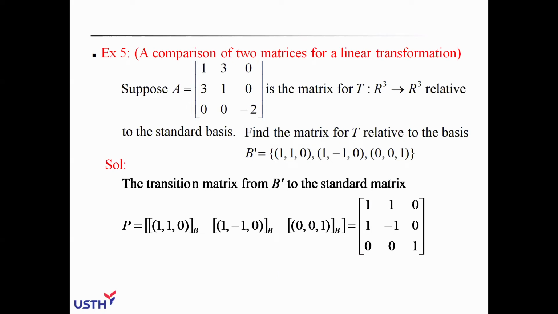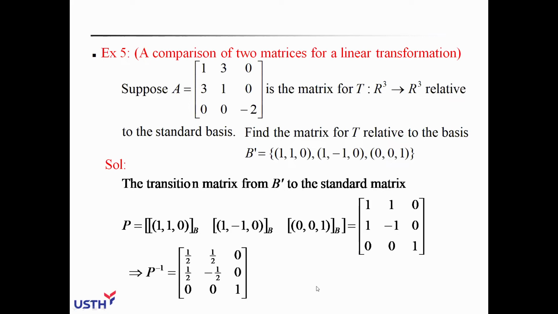We can apply what we studied before. First we need to find the transition matrix from B prime to the standard basis. I call the standard basis B. Then you find the transition matrix from B into B prime. It is P inverse, and if you want, you can find the P inverse from here. It is not so difficult to find.